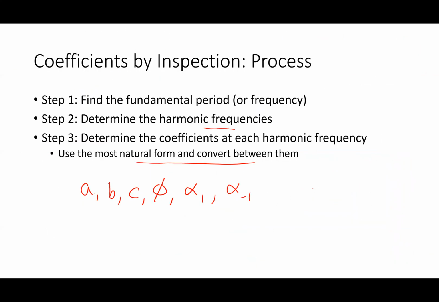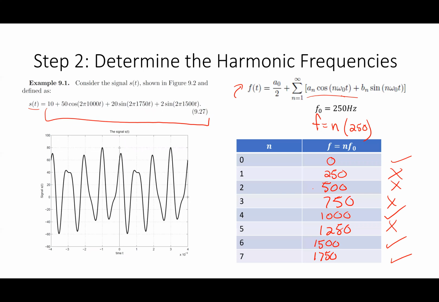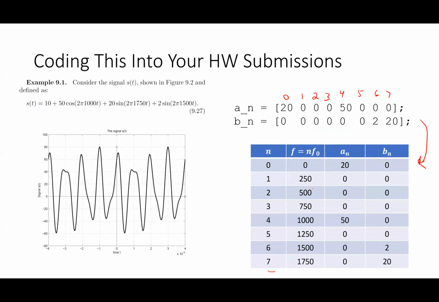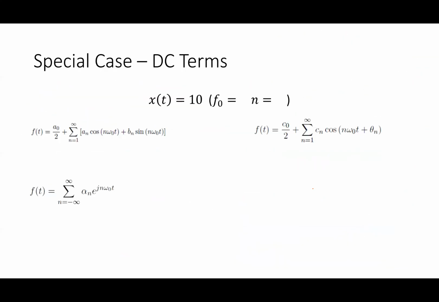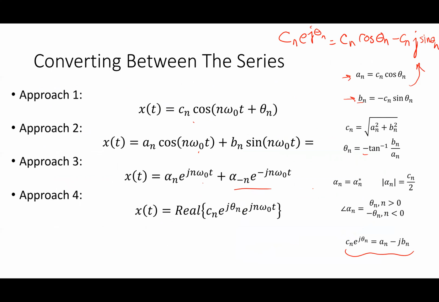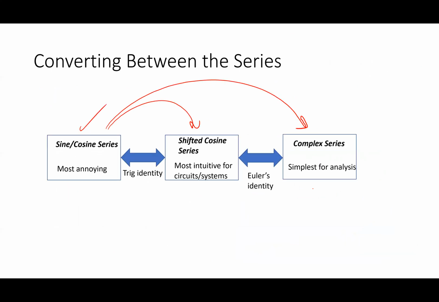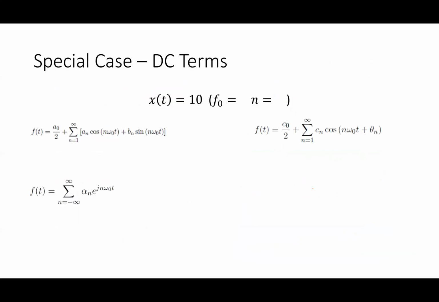So I want to keep going and try to figure out the rest of these now. One thing to remember before I can do that: I talked about how I relate all the harmonics. Here's the thing with the DC term. Let's say I have a signal x of t equal to 10.